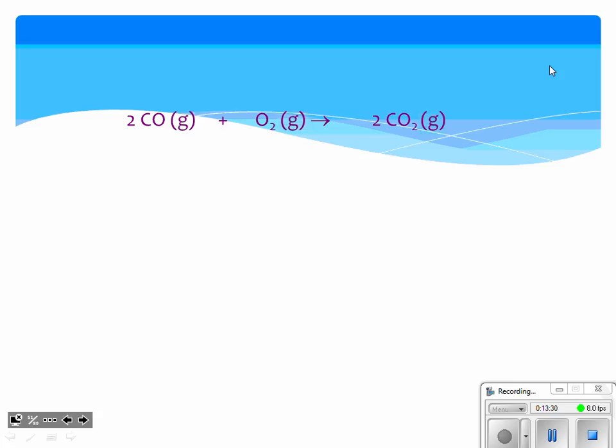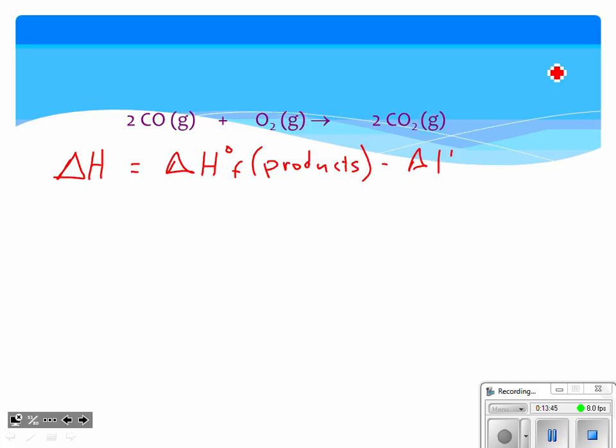So, delta H is going to equal what? Delta H°f of products minus delta H°f of the reactants. Correct? Equation we just got. Now, what is my product in this equation? Carbon dioxide.